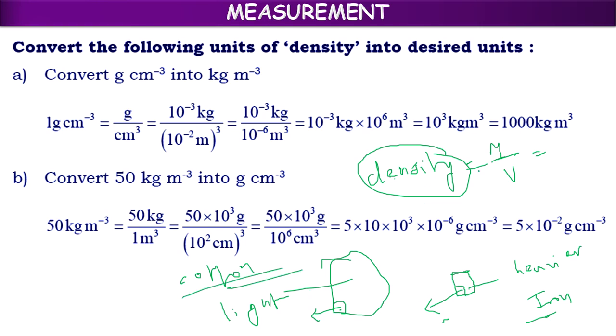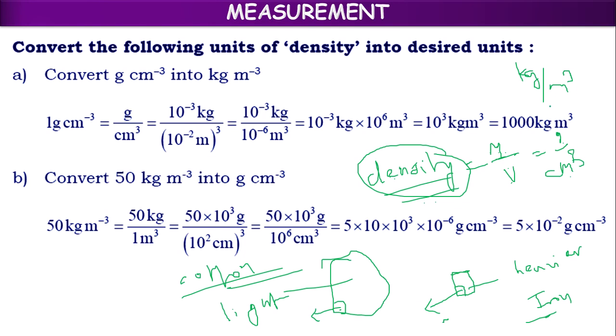So here the density formula is mass by volume, children. Mass is measured in grams, volume is measured in centimeter cube. Means we can have units of density gram per centimeter cube, or if you take the MK system, mass is measured in kilogram, volume is measured in meter cube.